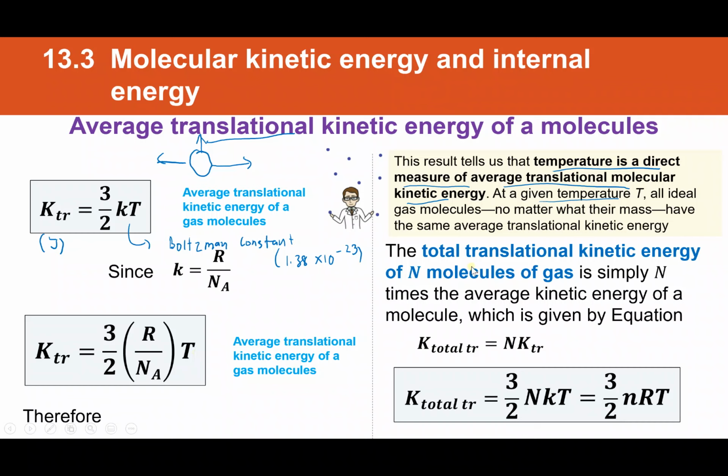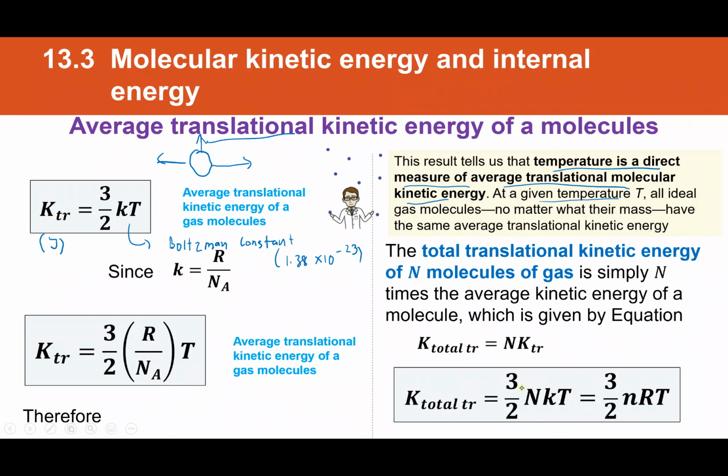Okay, so the total, okay, sekarang ni dia nak total pula. So kalau you ada 10 biji gas molecules contohnya, so kalau satu, you tahu 3/2 kT untuk satu molecule, so you kena darabkan dengan total number which is 10. So 10 contoh, you ada kat sini 10 joule per molecule. So you darabkan dengan 10. So you akan dapat the total translational kinetic energy.